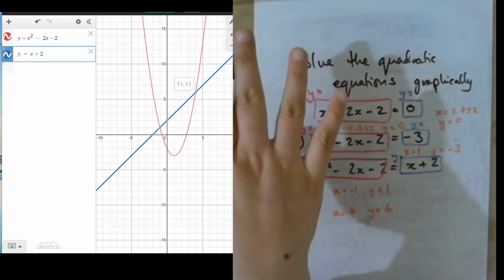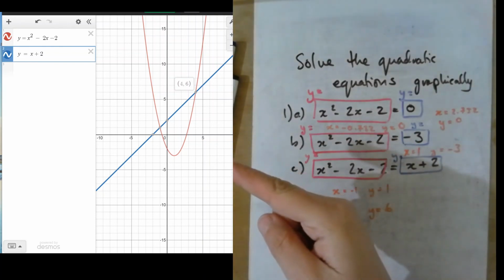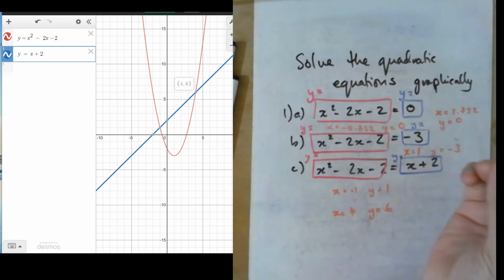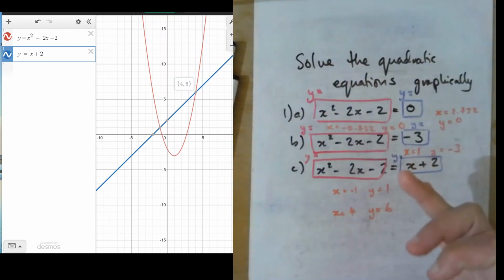I have set the sheet. I have given you some questions. It shouldn't be too hard because Desmos is going to do everything for you. If you want to ensure that your note-taking is quite good, I would recommend that you take screenshots of this, maybe put it into a Word document and put the answers underneath.